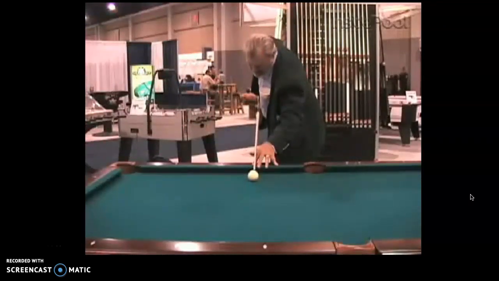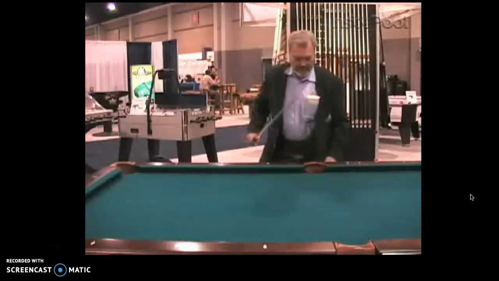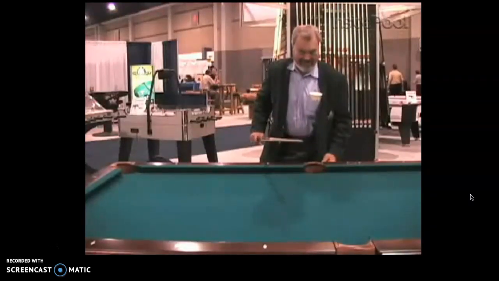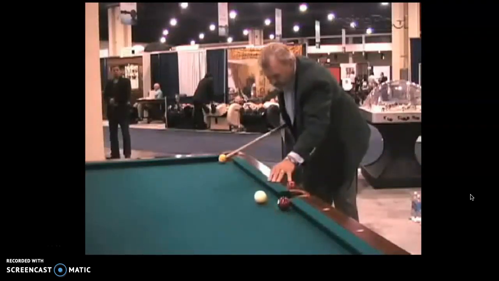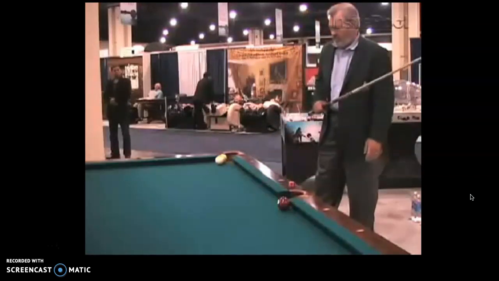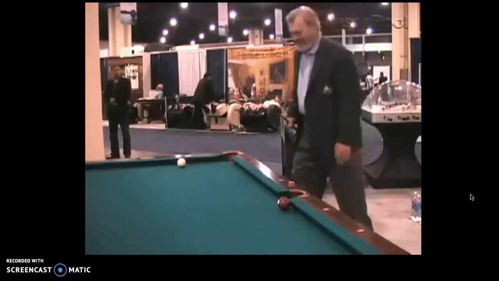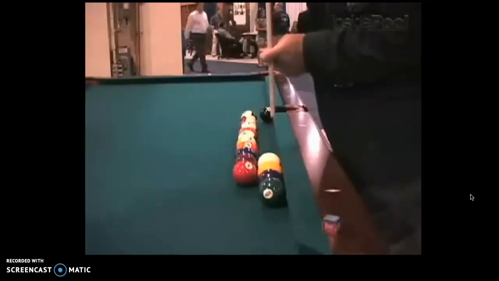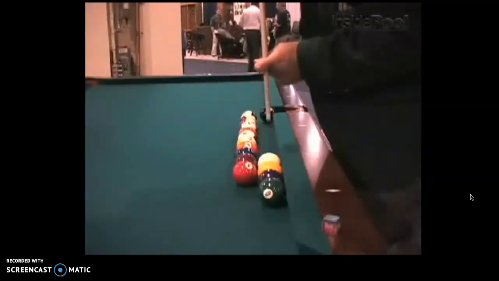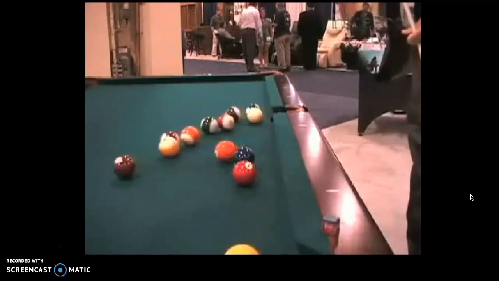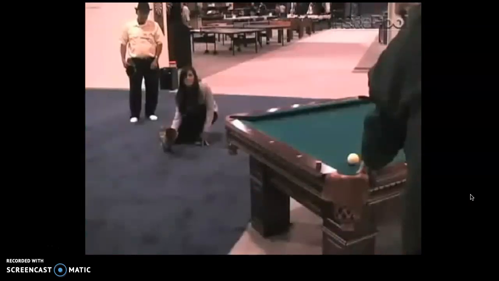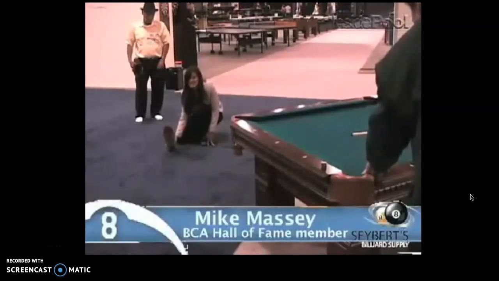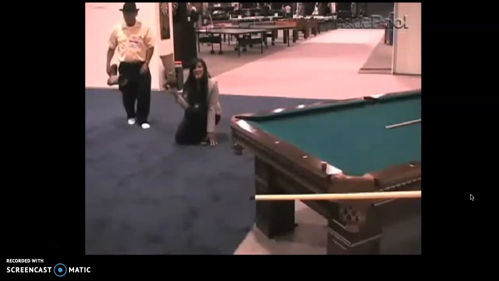This is a perfectly inelastic collision because it lands in the cup. And again, that's perfectly inelastic.